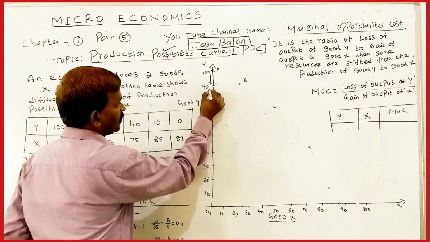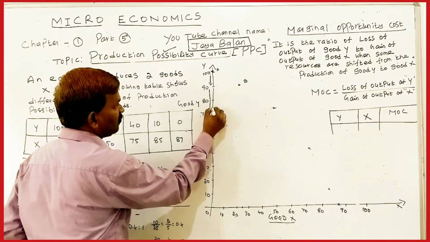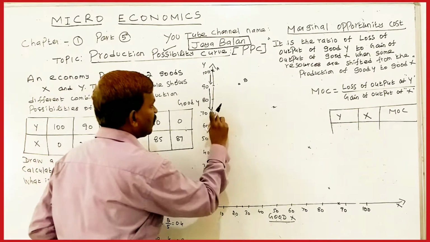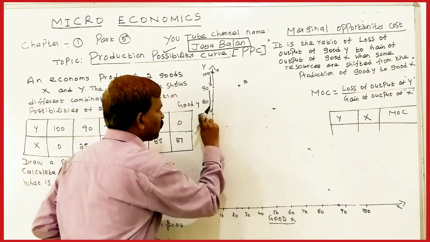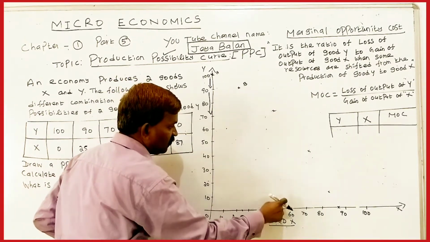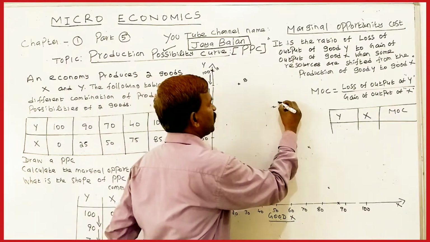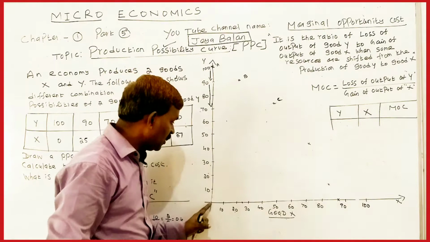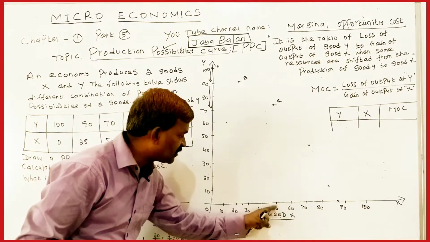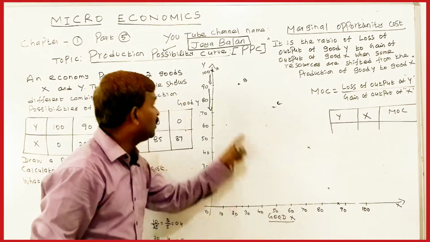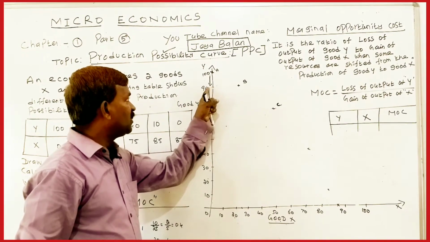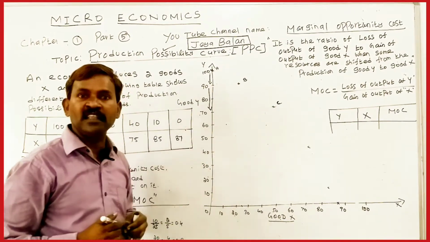Again, the production of good Y falls. According to the third combination, 70 units of good Y and 50 units of good X. So this is combination C. Therefore, the increase in the production of good X is from 25 to 50 and the decrease in the production of good Y is from 90 to 70.